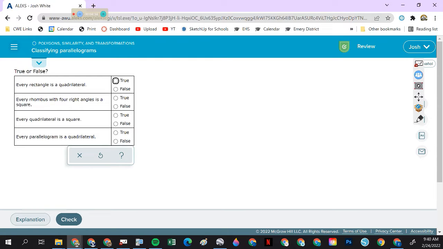A rhombus is 4 equal sides. If a shape has 4 equal sides and 4 right angles, is it a square? Yes. Is every quadrilateral a square? Is every shape with 4 sides also a 4-sided shape with 4 equal sides and 4 equal angles? No. Is every parallelogram a quadrilateral? Yes. Quadrilateral just means it has 4 sides. Does every parallelogram have 4 sides? Yes.